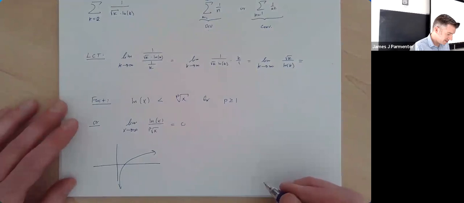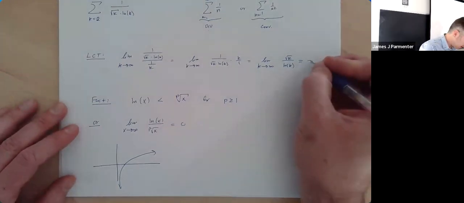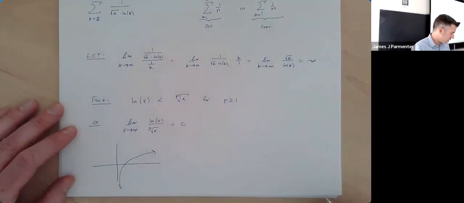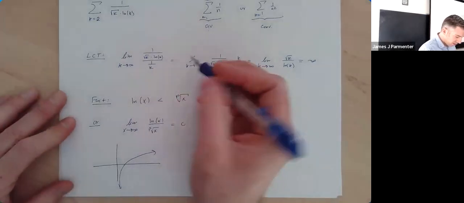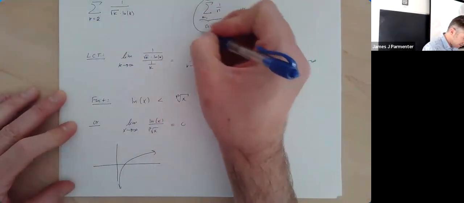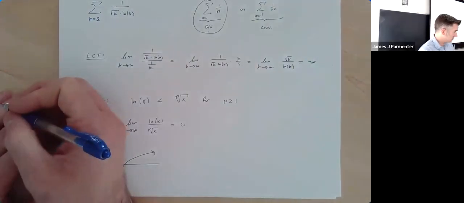Yeah, right. So this is going to be infinity, which then would show divergence. Does that show divergence? So what are we comparing it with? So this is where we compared it with this thing, which is divergent.